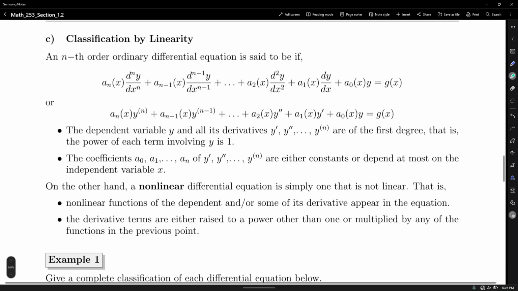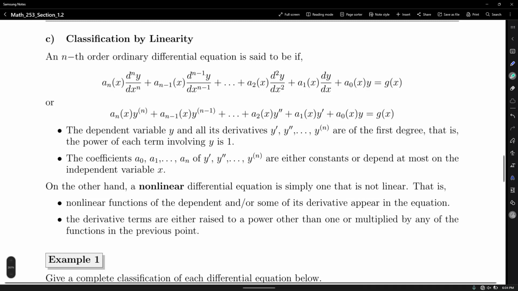And that may be equal or not equal to something. By the way, if the equation is equal to 0, we say the equation is homogeneous. Otherwise, if it's not equal to 0, we say the equation is non-homogeneous. We're going to get into that in detail when we get to high-order differential equations.